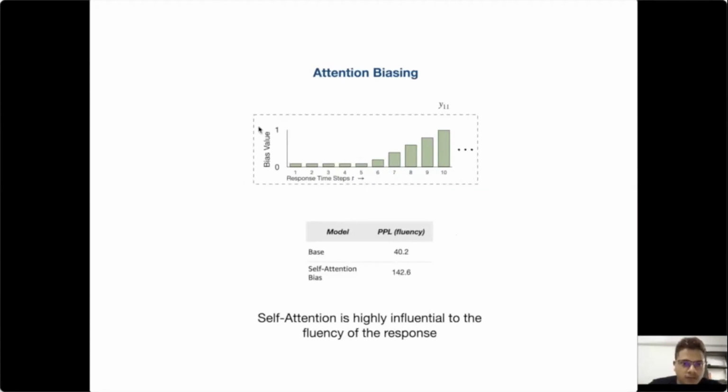But when we do this kind of biasing on the self-attention block, we see that the model has significant effect in the output. In particular, the fluency drops a lot, the perplexity increases, and the model starts generating gibberish. The more we bias, the more it happens.